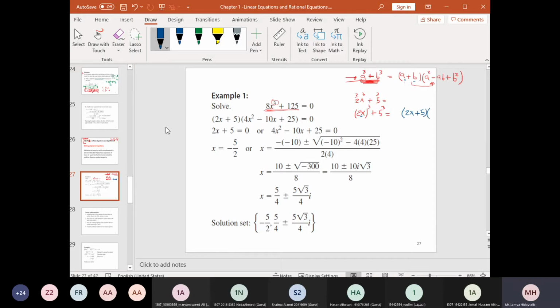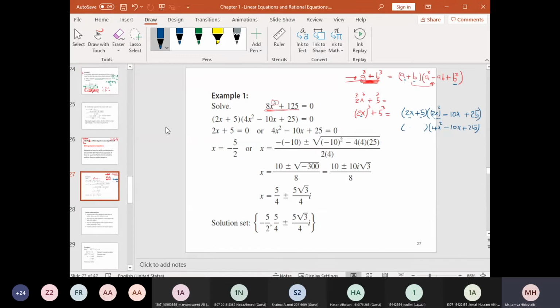Then the first squared: the first is 2x, so (2x) the whole squared, minus the first times the second, 5 times 2x, which is 10x, and then finally the second squared, 5 squared, which is 25. Now (2x) squared I can write as 4x squared. So I have 4x squared minus 10x plus 25, correct?